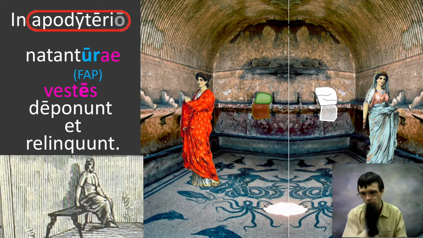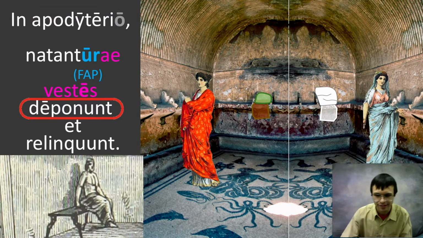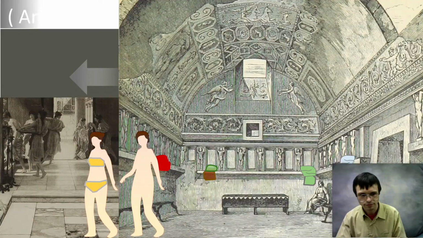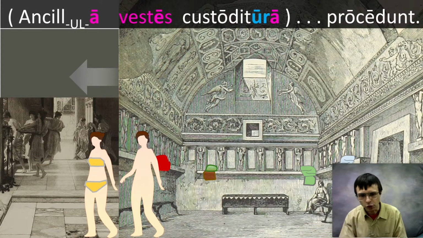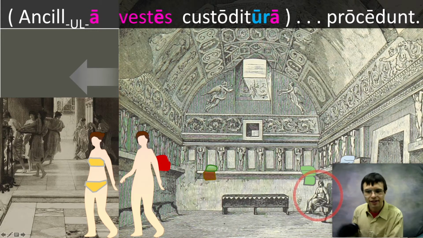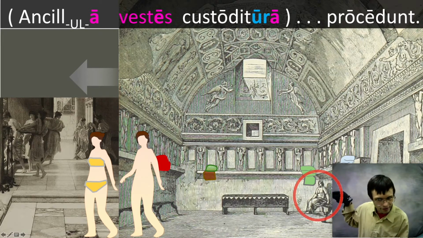So the Romans just would use the Greek word from their culture. The truly Latin word for putting off is deponere. Ancillula vestes custoditura procedunt. There's an ablative absolute. Here's the ancillula sitting right here.